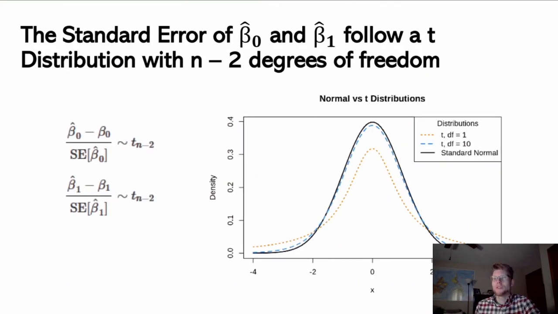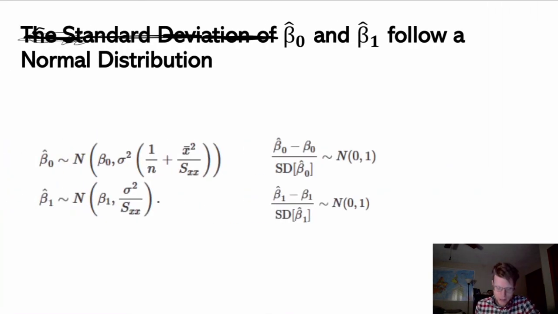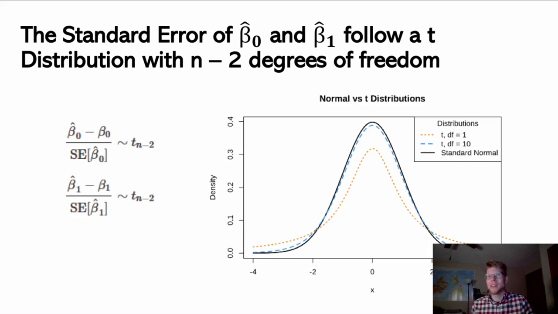However, just like we've seen before, we do need a t-correction in real life when we're trying to estimate this variability, when we're working with the standard error of beta hat naught and beta hat 1 instead of the standard deviation. So these are parameters, but in real life, we're not going to be able to know them because if we're doing inference, like we pretty much always are going to be doing, we're estimating that variability as well. So we're estimating not only these values, but we're estimating the variability of those values.